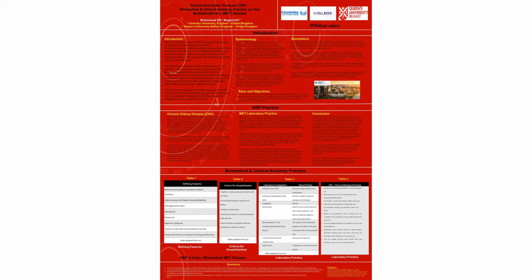In this poster presentation, there are a few tables as well, and I will highlight a few things around that. Table 1 in this work summarizes defining features, and renal manifestations generally occur over a period of 28 days after the initial presentation of HSP.